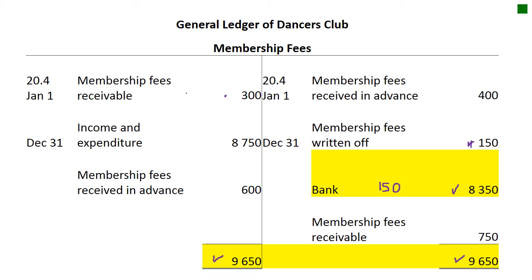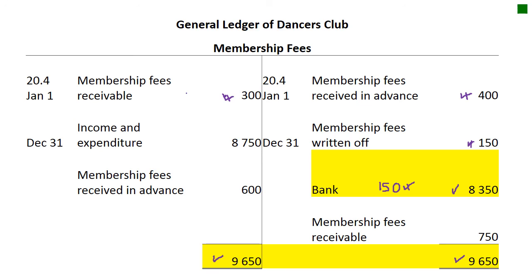So those two amounts together make up this 300 Rand, which was the membership fees receivable at the end of last year, which have now either been settled or written off. This year also there was 400 Rand that had been paid last year, which we then showed as income for this year. So we always start off with those amounts.